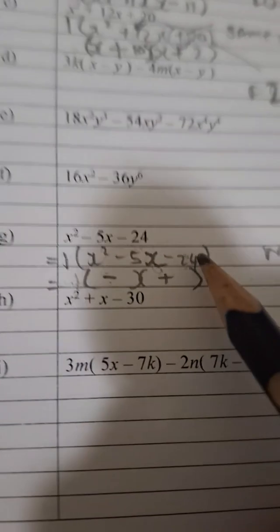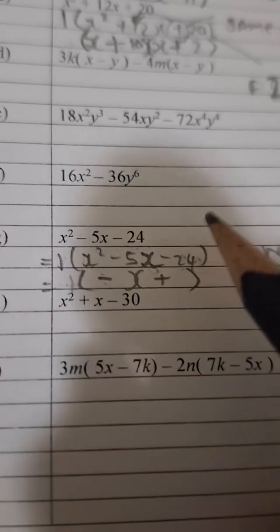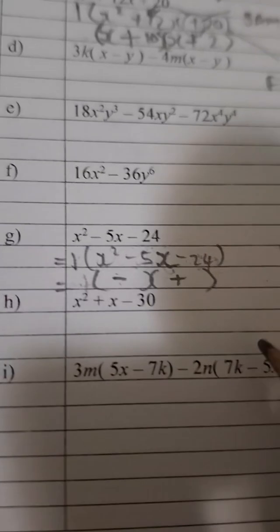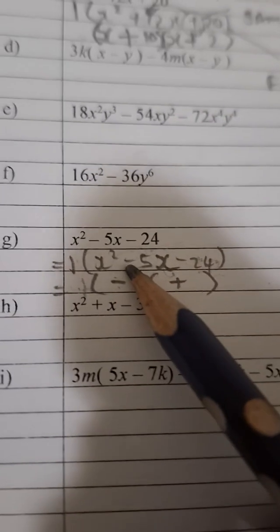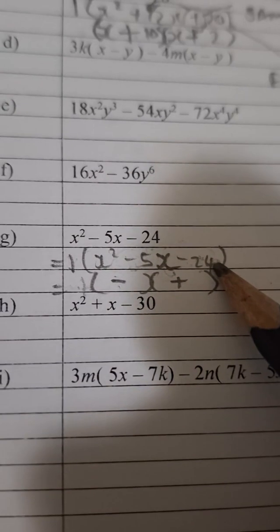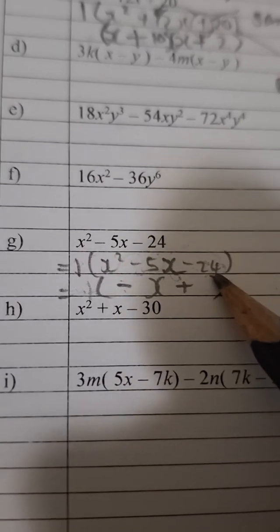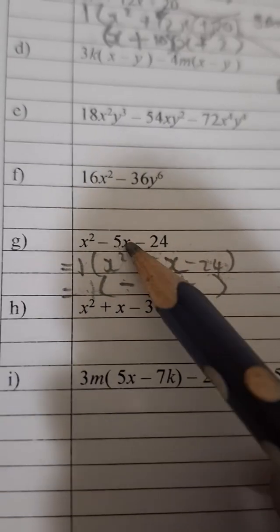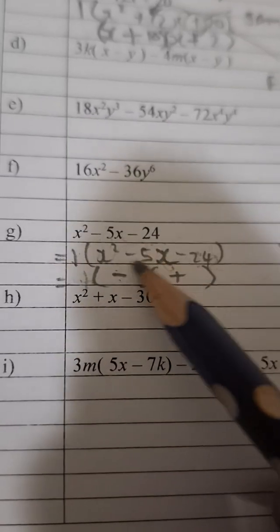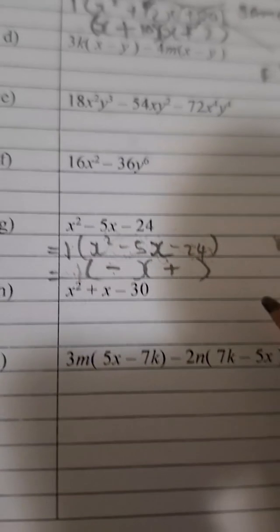But the factor of 24 that is the biggest will have the sign that is in the middle. Since the sign in the middle is negative, the factors we choose of 24 must multiply to give 24, and add to give negative 5. The factor that is the highest will have the sign of the middle term.